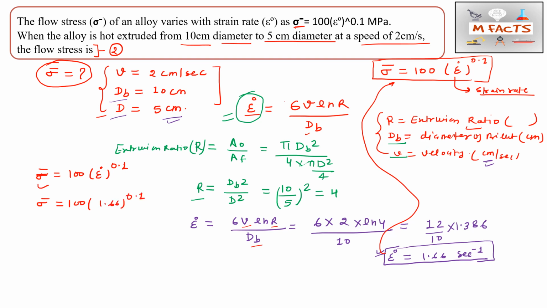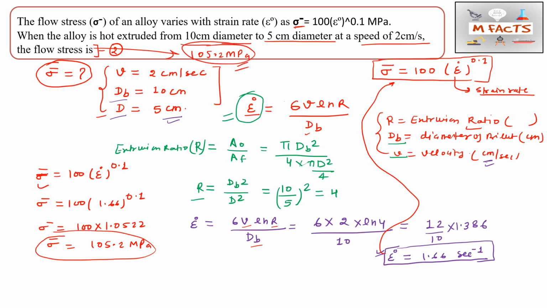From here you will get sigma bar equal to 100 multiplied by 1.0522. So sigma bar will be equal to 105.2 MPa, that is in megapascal. This is the value of flow stress they are asking in this question. So the answer for this question will be 105.2 MPa.